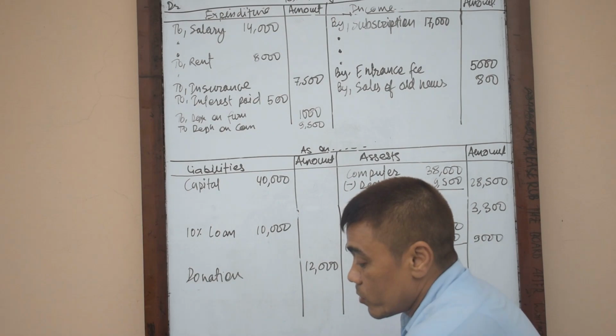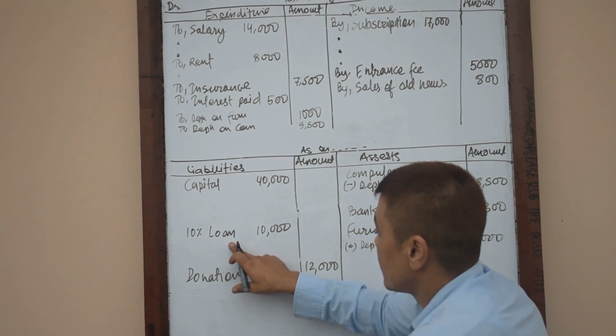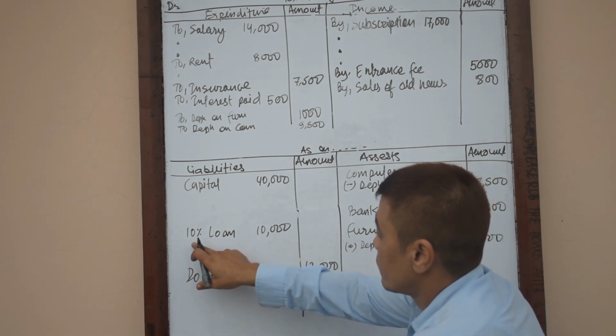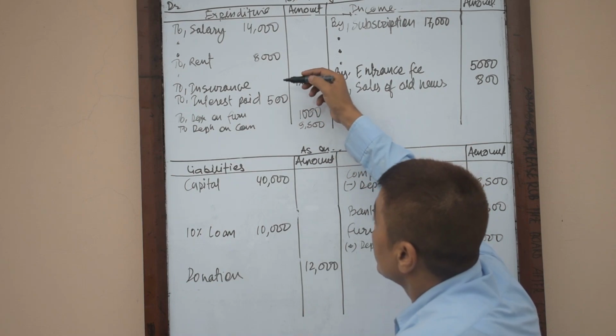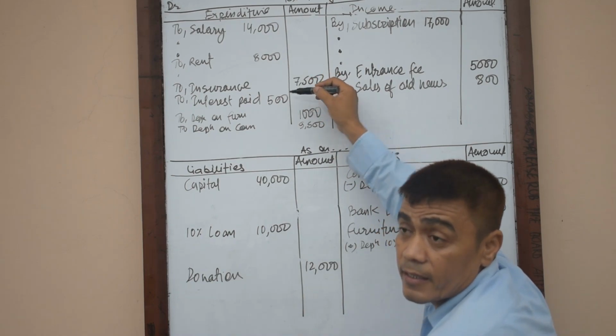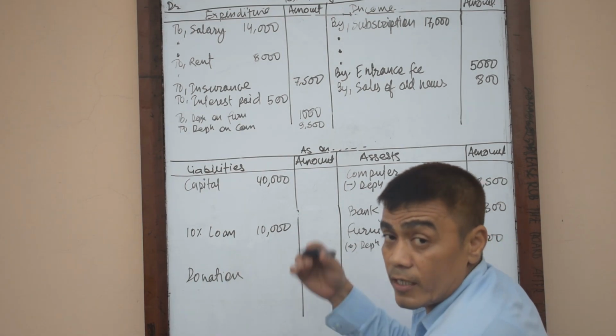And interest on loan to be paid for 6 months is given. That means interest on loan is here. So 10% of 10,000 is 1,000, and we can see here only interest 500 is paid. That means we come to know still 500 is to be paid. So that is outstanding.